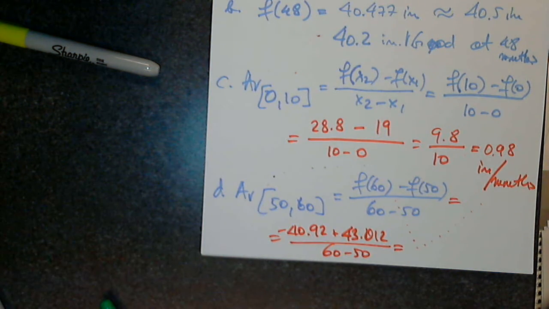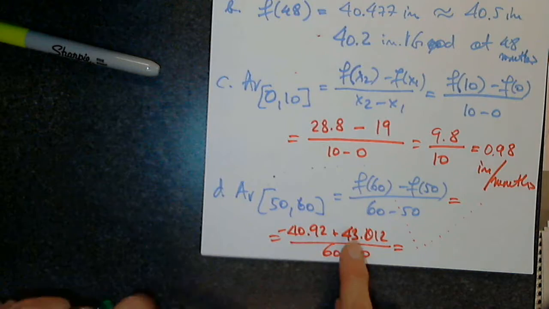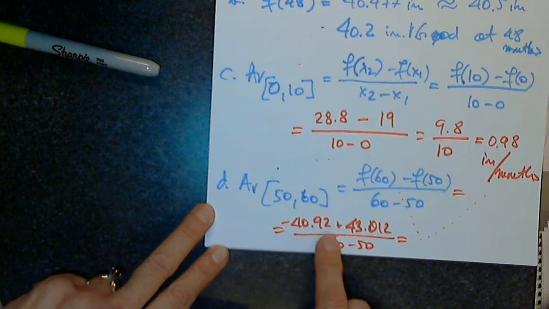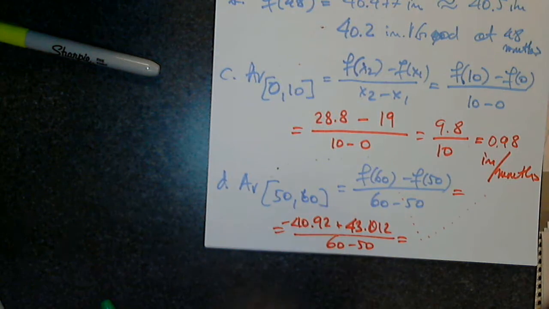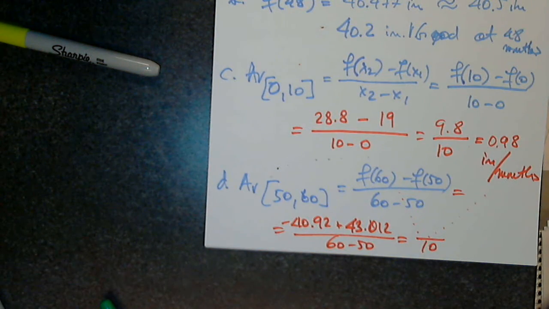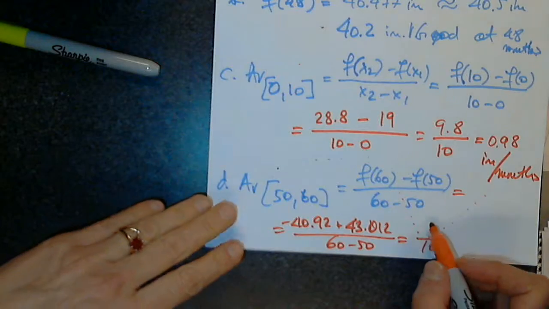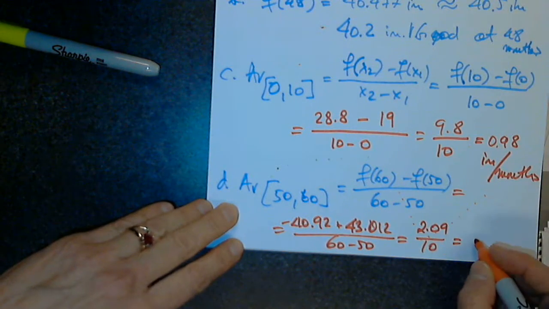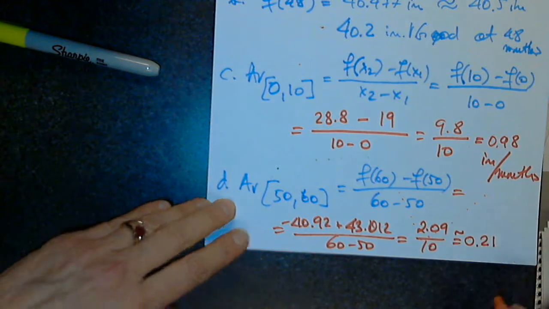Sorry about that, I copied the first one. So it's 43.012 minus 40.92 over 10, of course, 60 minus 50. So what do we get at the top? 2.09. Very good. So this is 0.21 approximately.